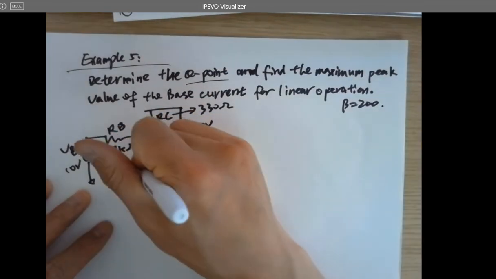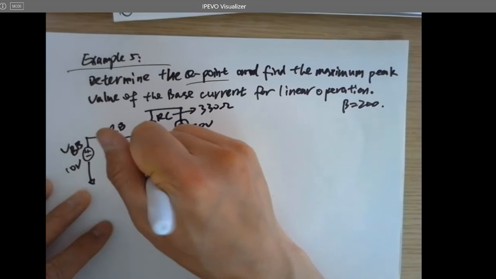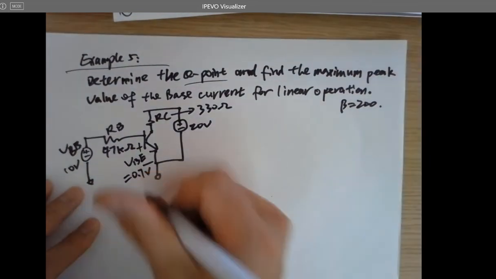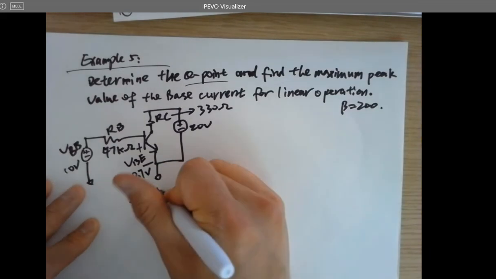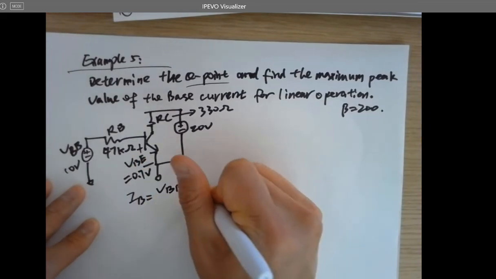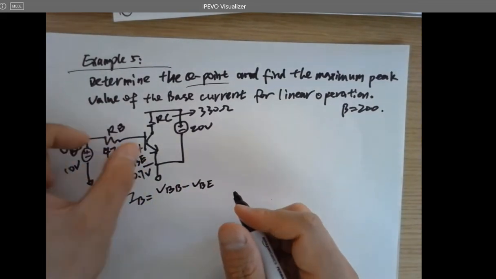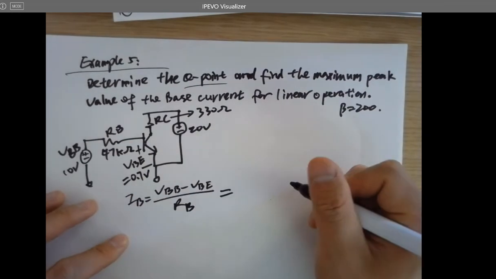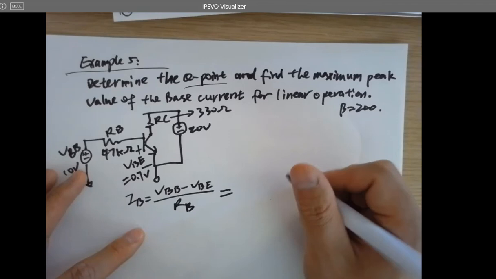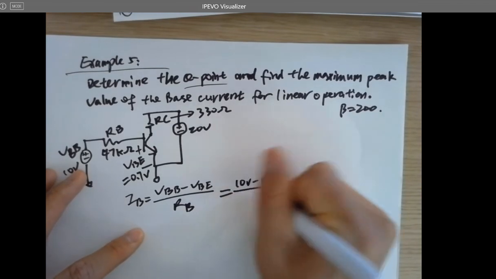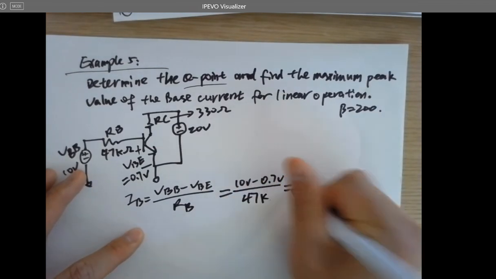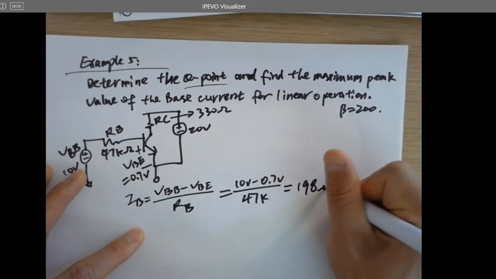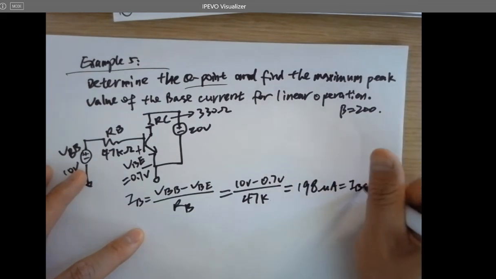Since this voltage is 0.7 volts, you can calculate IB, which is VBB minus VBE over RB. So IB is 10 volts minus 0.7 volts over 47k, which is 198 microamps, and that's IBQ.